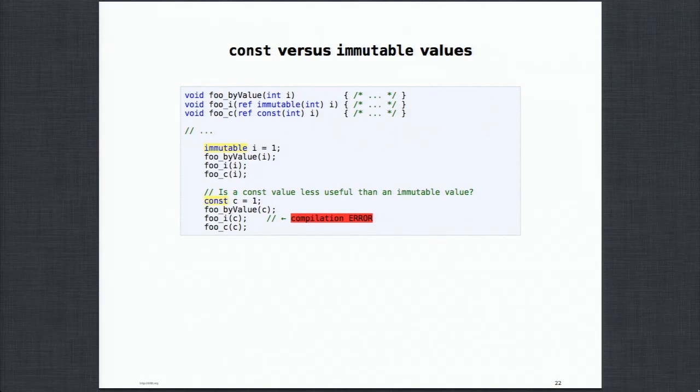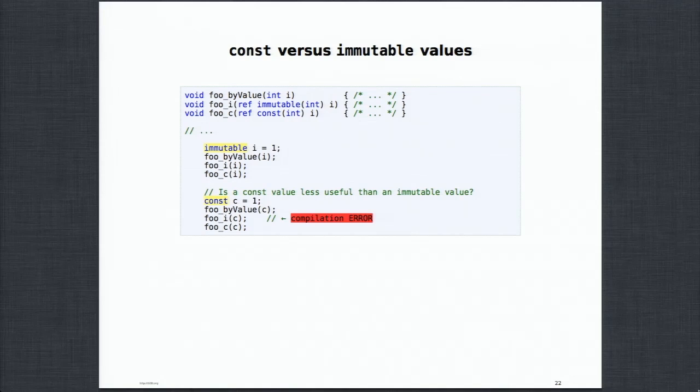So let's try using these two in a program. This program has 3 functions. One takes by value, the others take by immutable ref and const ref. If you go with the immutable path, you notice that all 3 functions can be called with that variable. But if you define a const, the one that takes by immutable ref cannot be called anymore.